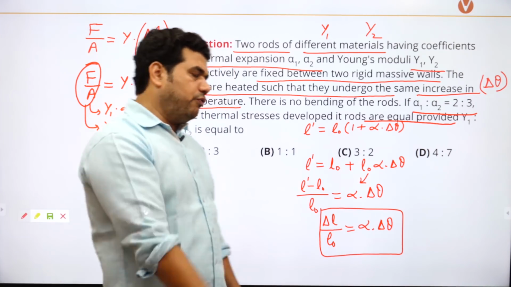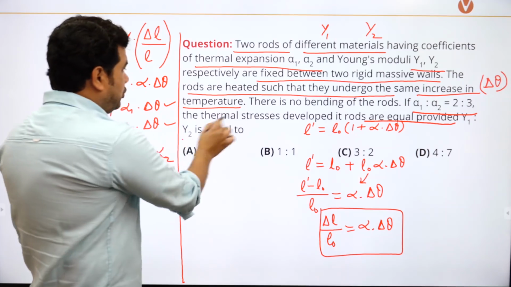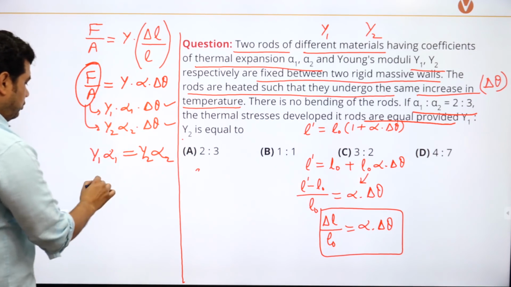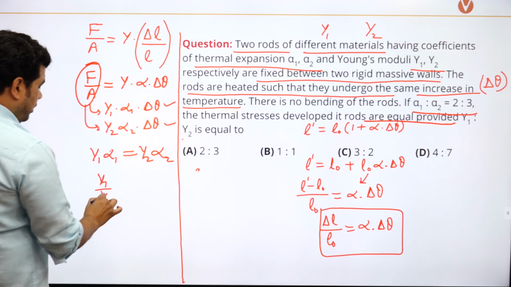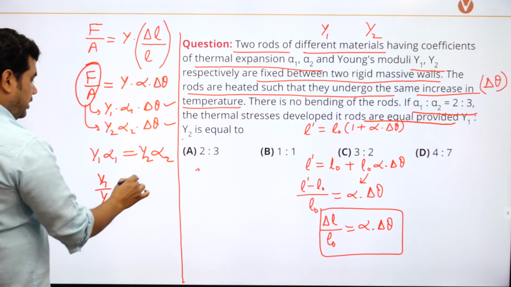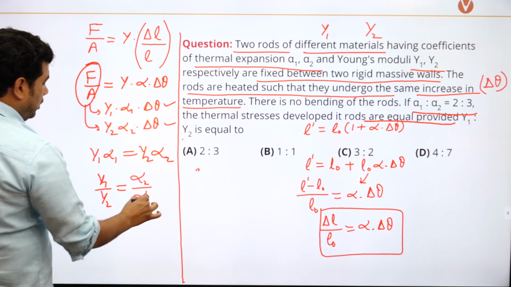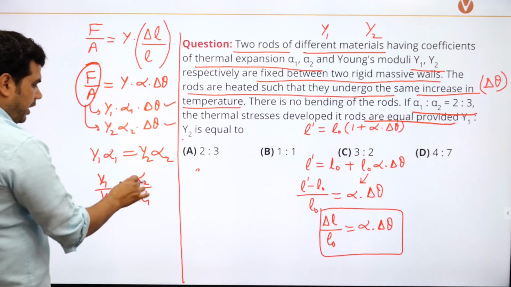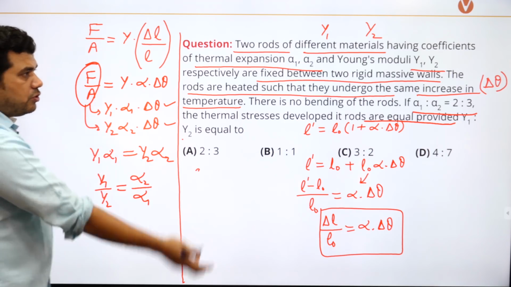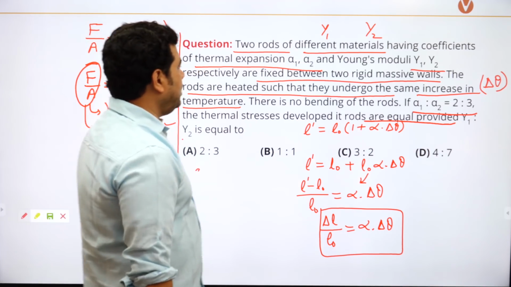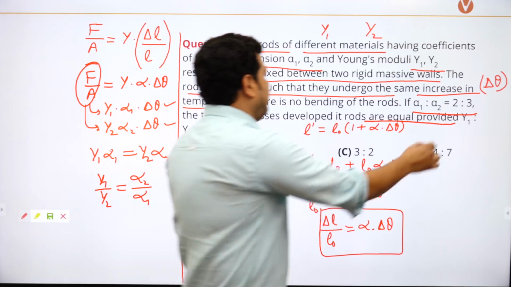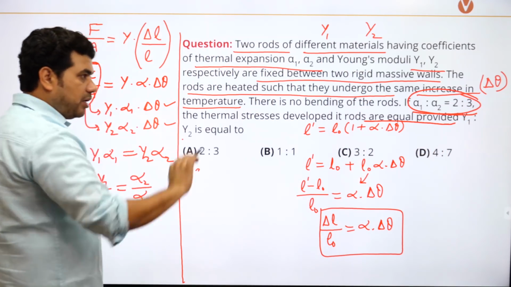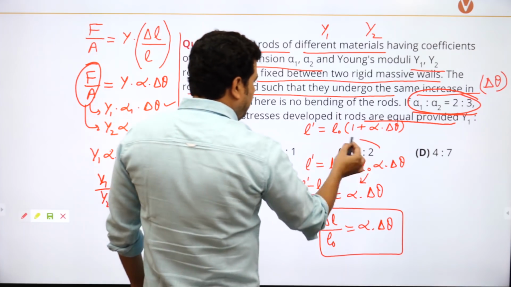And now we have to find the ratio Y1 to Y2. So Y1 ratio Y2 is equal to alpha 2 upon alpha 1. Okay? So Y1 ratio Y2 is the reverse of the ratio. If alpha 1 to alpha 2 is given as 2 by 3, so Y1 to Y2 is the reverse of this, means 3 by 2.